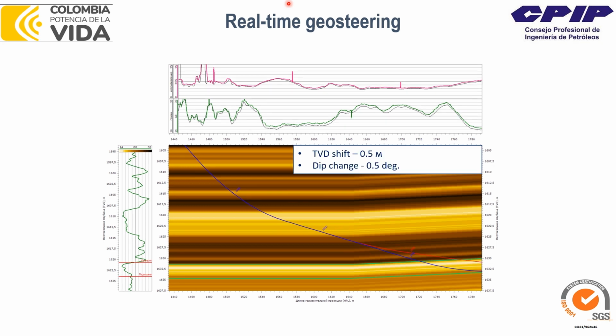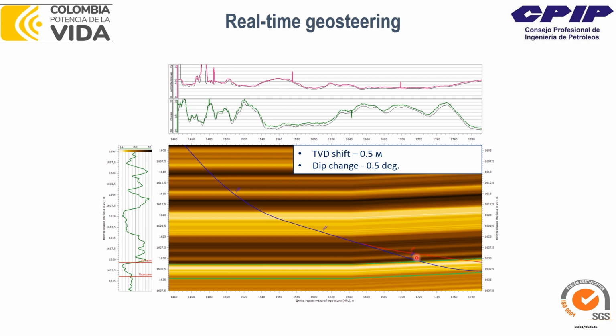By adjusting it until we get the curves matched, you can see that in this particular area we had to move the TVD vertical shift just 0.5 meters and make a change of 0.5 degree, just half a degree. And in this case, you can see that the curves now reasonably match. And we have adjusted the geometry of our pay zone.